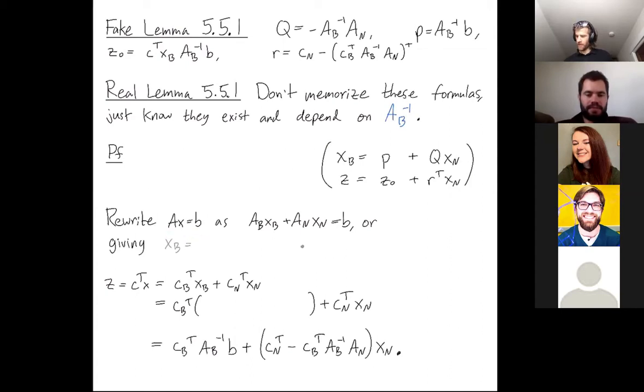Matrix A has n columns and vector x has n rows, right? But you can write that as only looking at the columns in my basis times the corresponding coefficients in my vector x, and then only looking at the columns not in my basis times the corresponding non-basic x.